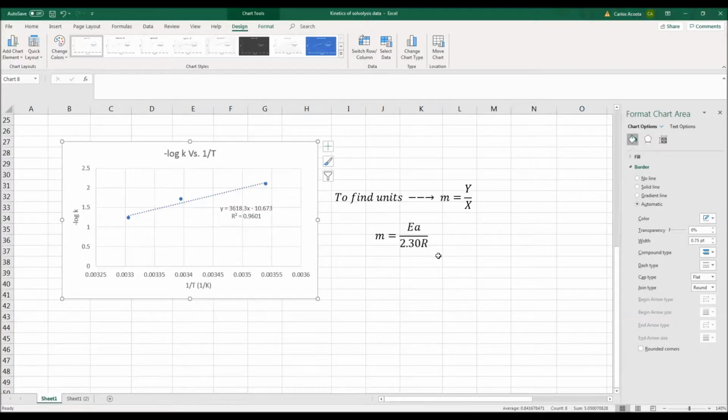The value that you want to use is the one that has joules associated with it. So just Google the values for the gas constant R and find one that has units of joules. It has other stuff too, but I'm pretty confident that it's the only one that has joules in it. So use that one, plug it into this equation, plug in your slope as well with the appropriate units, solve for activation energy, and that's it.